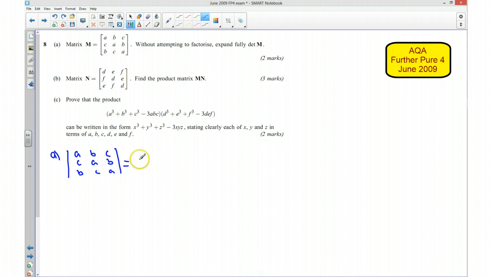So I'm going to have A times the determinant of that there, so it's going to be A squared take away BC, and then I've got to take away C times AB take away C squared. And then I've got a plus B times B squared take away AC.